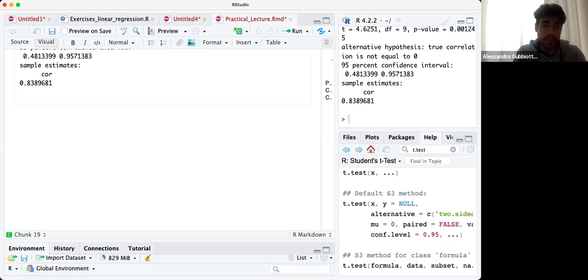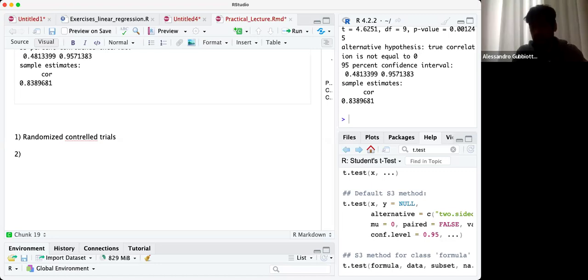There are various different things we can do. One is called randomized controlled trials, which is really nothing that I think you can use in linguistics. What you can use is adjusting for confounders.